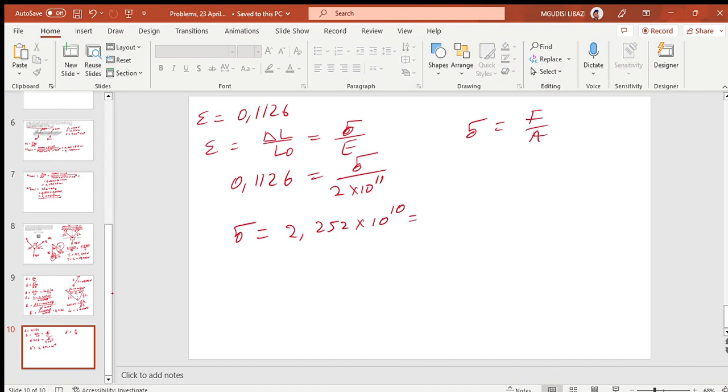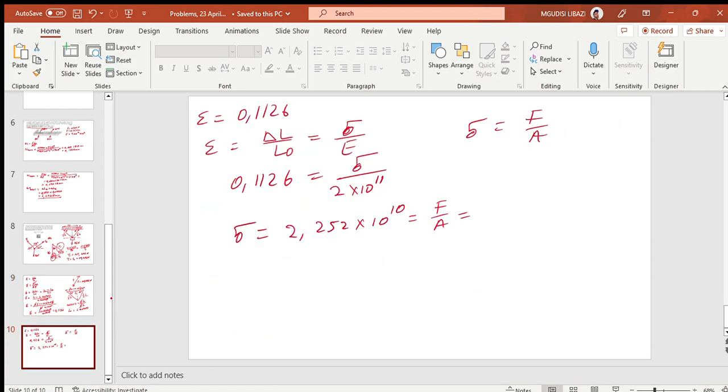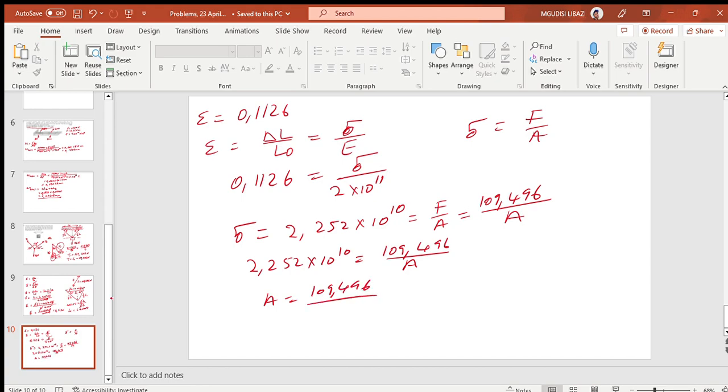After that, we know this is equal to force over area. The force we have found is 109.496, divided by A. That means we have 2.252 times 10 raised to 10 equal to 109.496 over A, and then our area will be 109.496 divided by 2.252 times 10 raised to 10.